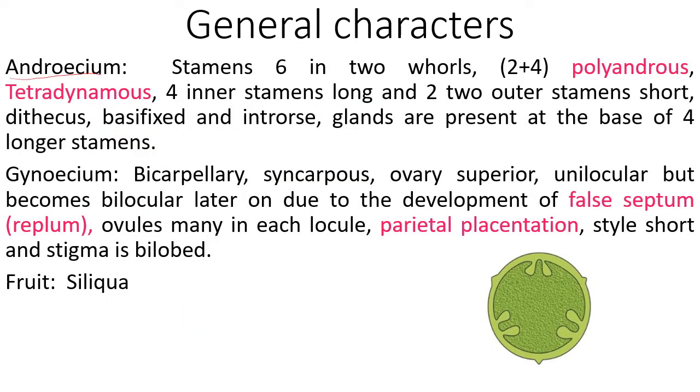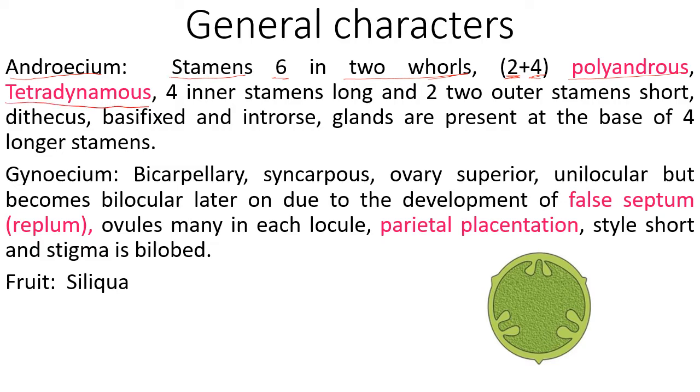Androecium, the member of androecium is called stamen, and there are 6 in number. They are present in 2 whorls. Out of that, one shows 2 short stamens, and the inner side 4 longer stamens. They are polyandrous, means free from one another.